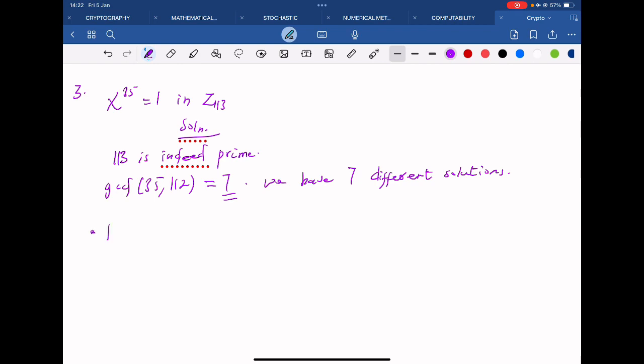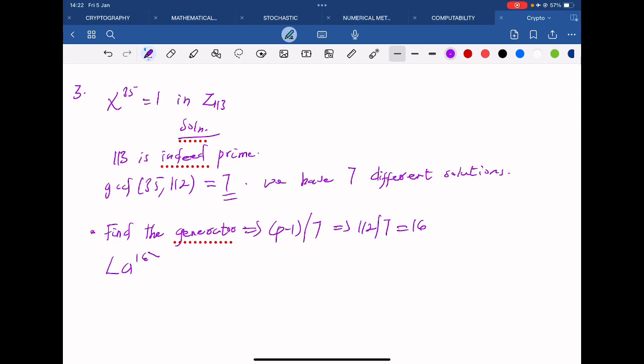The next step is finding the generator. So in the generator, we are going to get p minus 1 dividing the number of solutions, which is 7. So p minus 1 is 112. 112 over 7 is equal to 16. So our generator will be of the form a raised to the power 16.